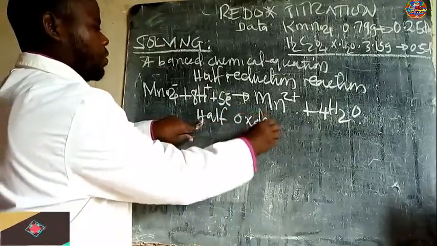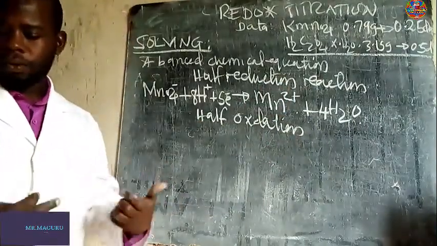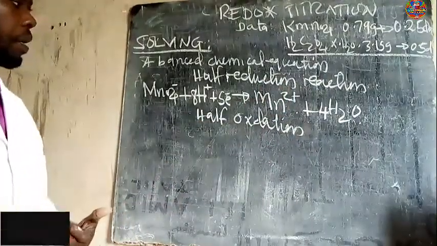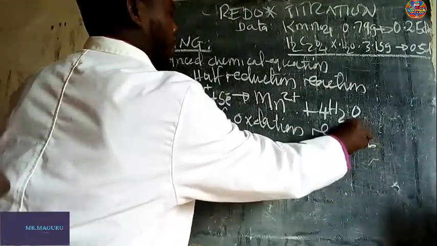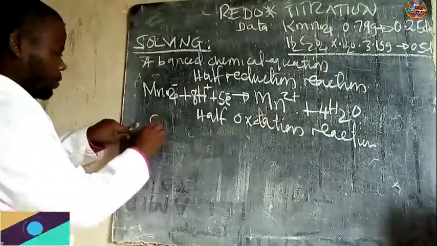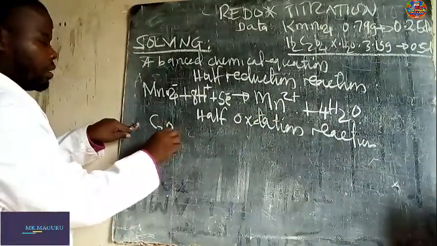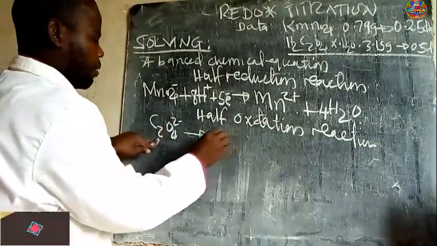For oxidation, there is oxalate. We're going to give carbon dioxide.